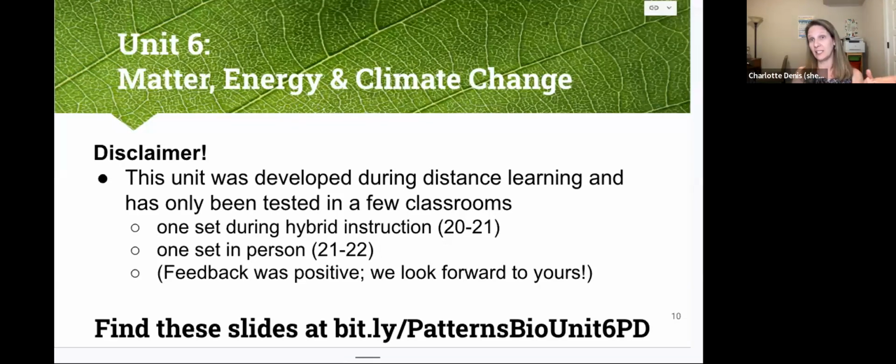My team at Mountainside will teach it this year in person. But I don't know if anybody else has taught this unit. So if you have, I would love to know. We do have a couple of other schools in Beaverton where they have gotten to it in one year or the other, and the feedback has been positive, but we would love to hear any of your feedback.